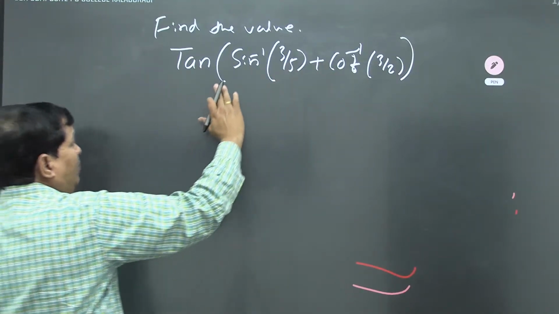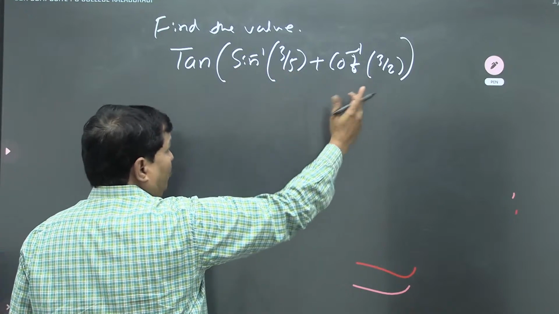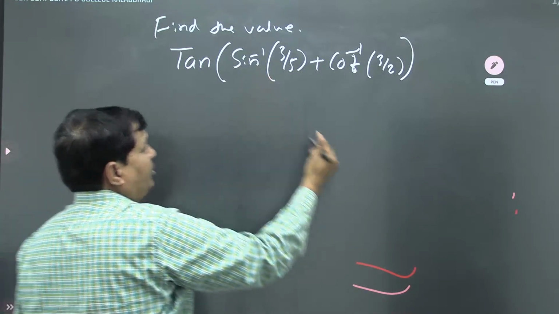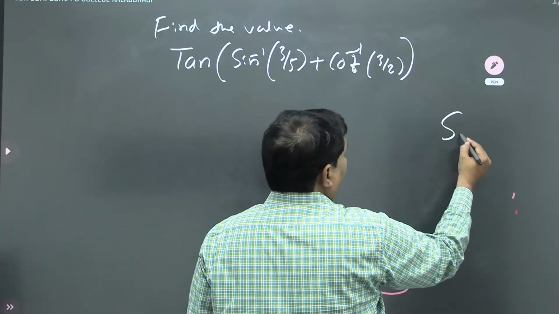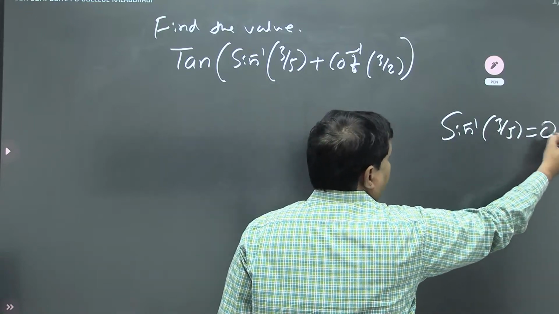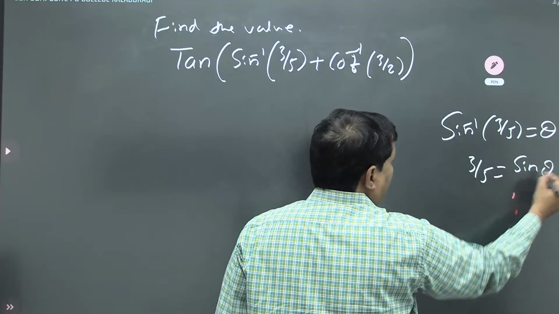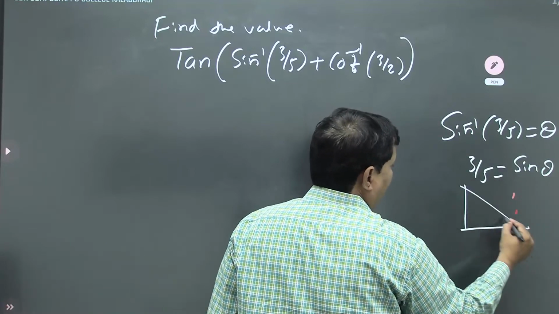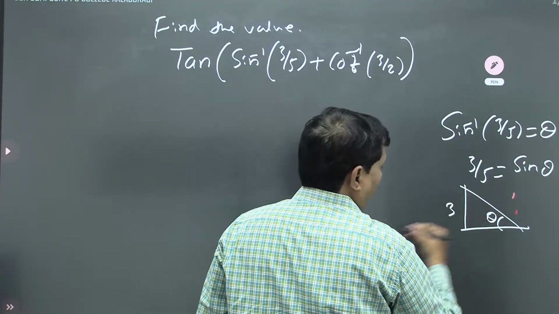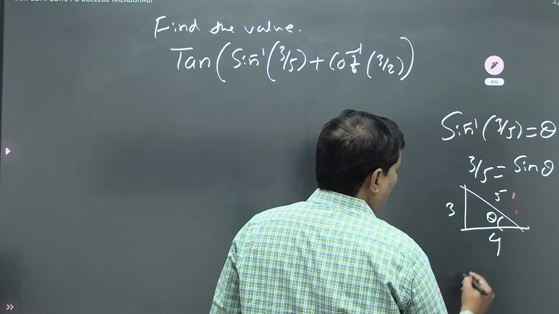It means sine inverse of 3 by 5, what about tan inverse? Cot inverse of 3 by 2, what about tan inverse? First, sine inverse of 3 by 5. Here I took theta. Therefore, 3 by 5 equals sine theta. If you draw the triangle, sine theta equals opposite side by hypotenuse, and adjacent is 4.